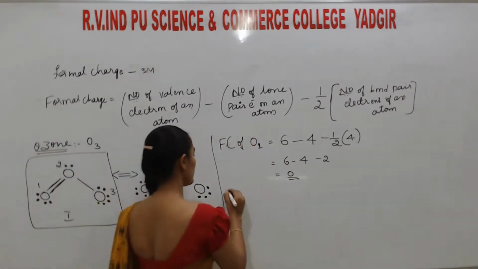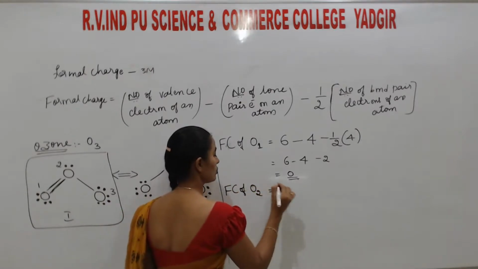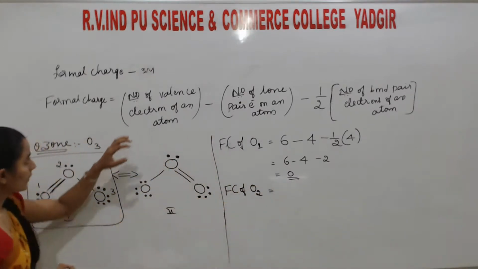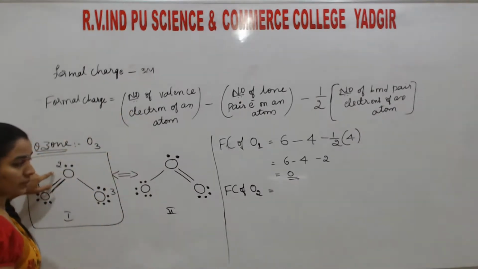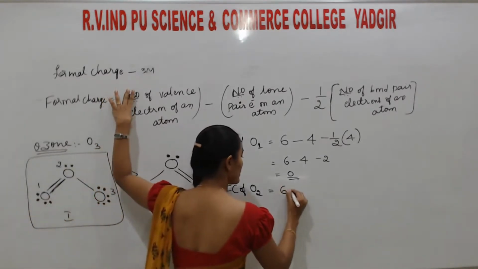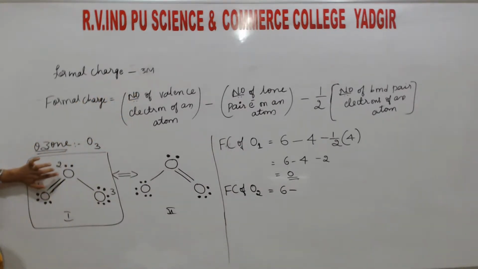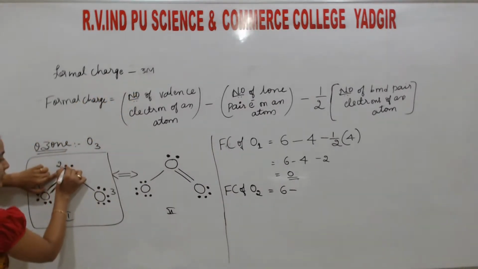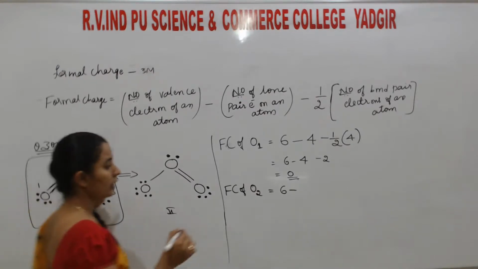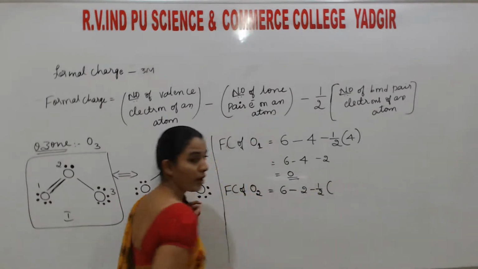Okay, next you consider the formal charge of oxygen 2. Same, oxygen 2, this one. Here of course, according to this formula, the number of valence electrons is 6. Are you getting it? The number of unshared electrons is only 2, meaning lone pair electrons are only 2, minus half into bonded electrons.